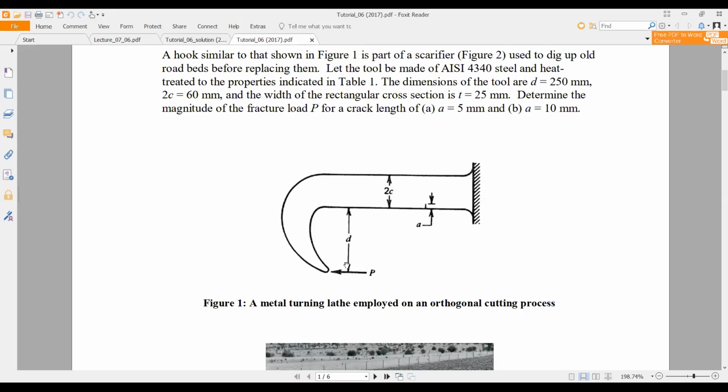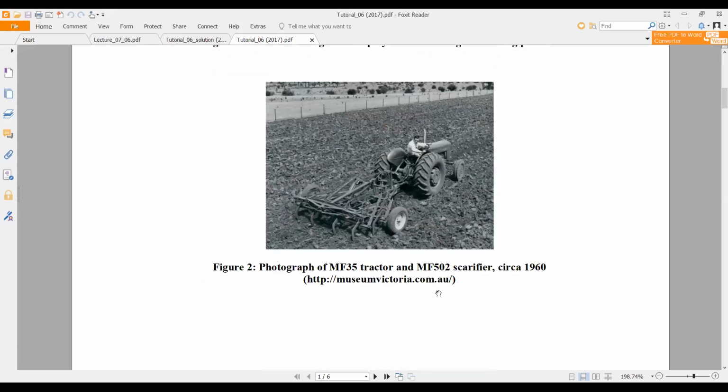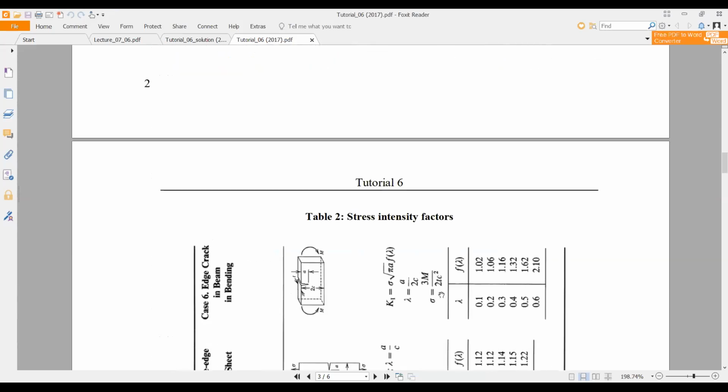At the same time, due to this distance from the center axis, which is C plus D, there is a bending moment due to this P. So you need to find the K value due to bending and tension, and that K value should be equal to KIC. Then you can find the P value with the given crack length. So that's the way we need to deal with this kind of questions.